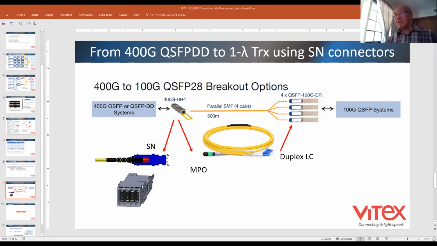It is much longer in physical length than the usual 400G DD, to accommodate this plug-in.